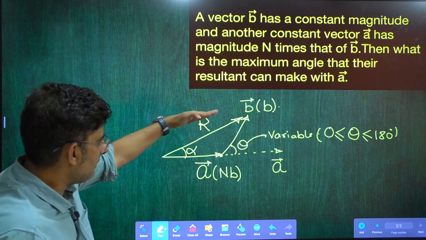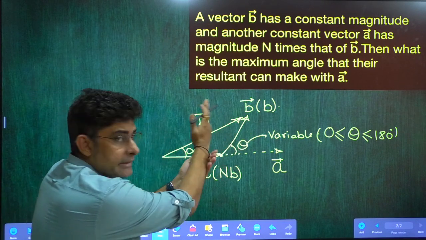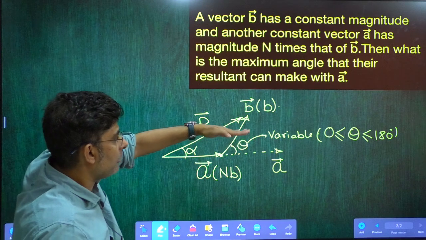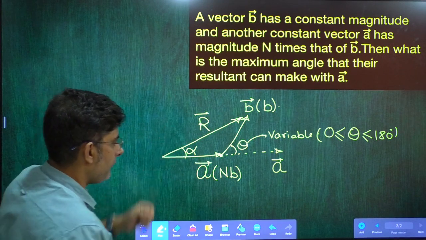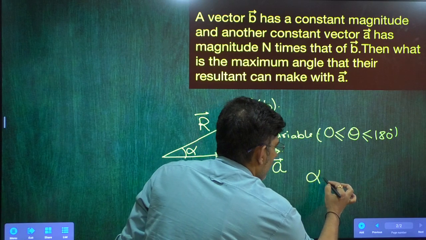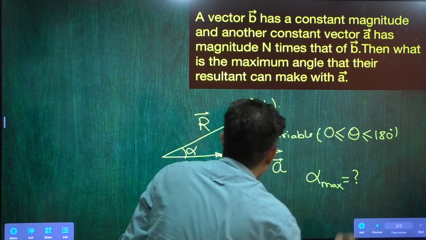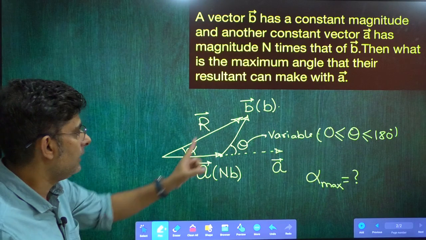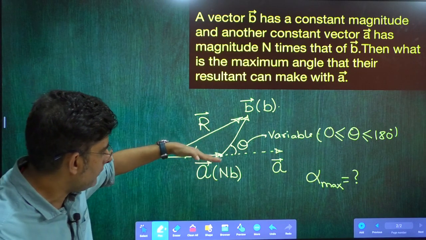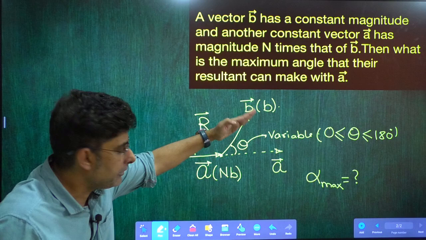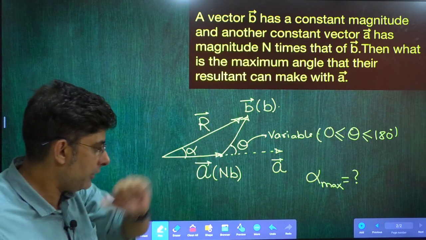As B vector is rotated from 0 to 180 degrees, R vector will also keep on changing, both in magnitude and direction. So we are being asked what is the maximum angle that R vector will make with A vector. As I just said, A vector is constant with magnitude nB, but B vector can be rotated from 0 to 180, so its tip will trace a semicircle.